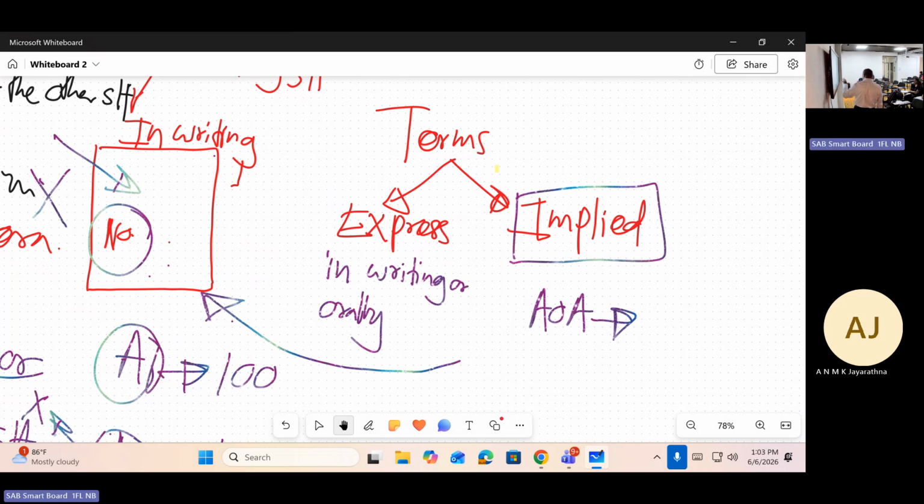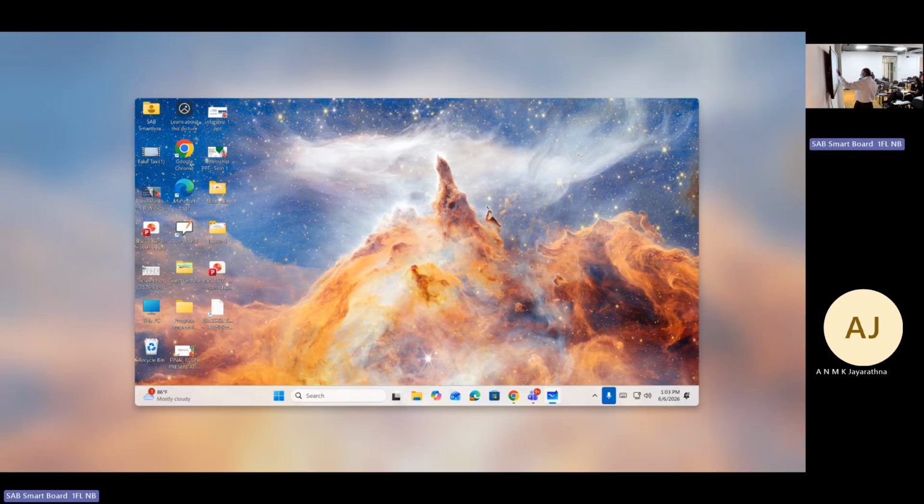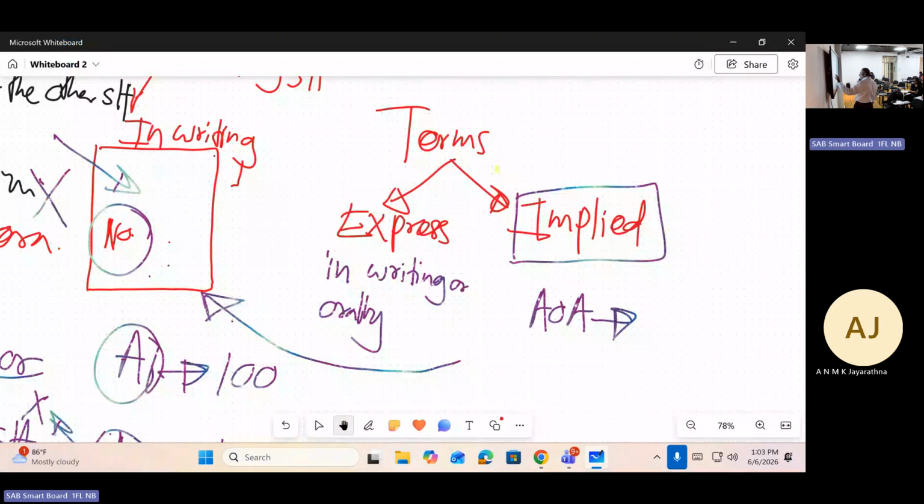By those terms, no binding contract forms between the company and that person. That person is a director: company and director, no binding terms.